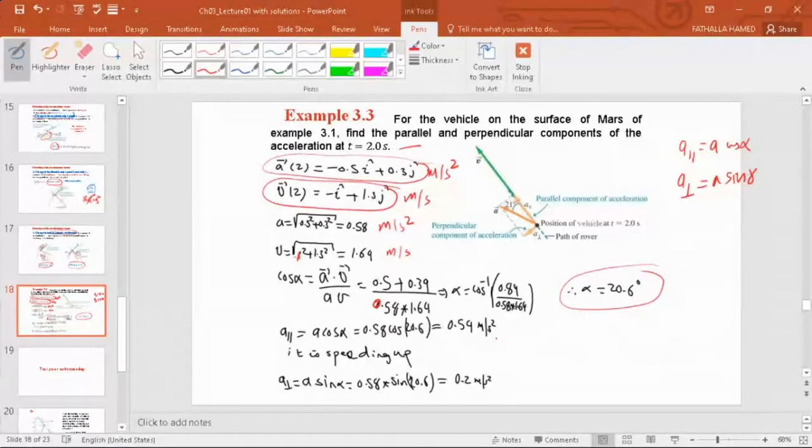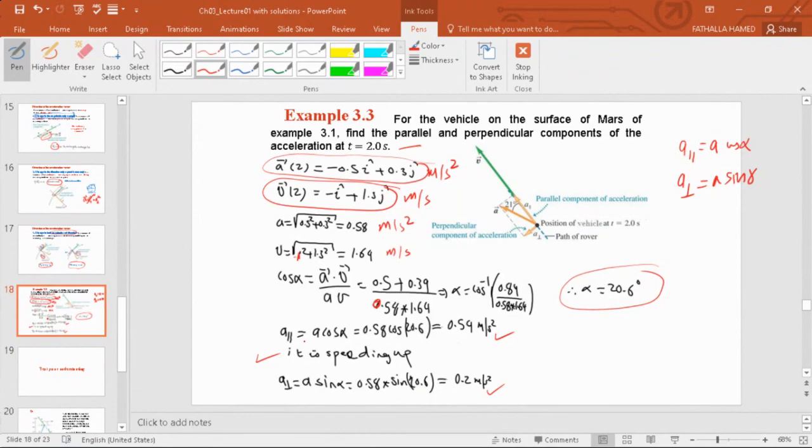Now you can get your parallel component, which happens to be positive here, and you get your perpendicular component of the acceleration. Now you know right away that this is positive, which means along the velocity, and in this case, it is speeding up.